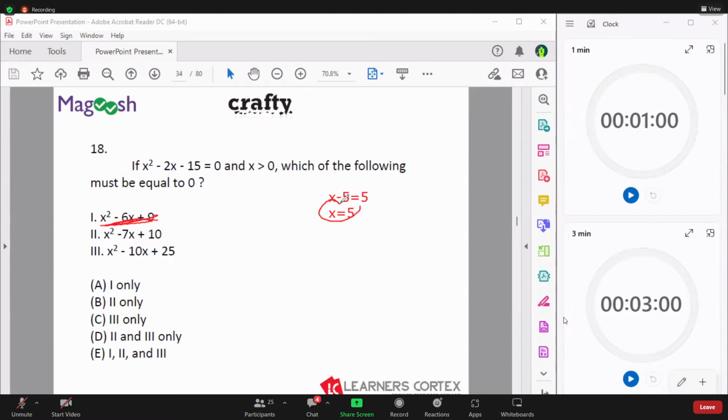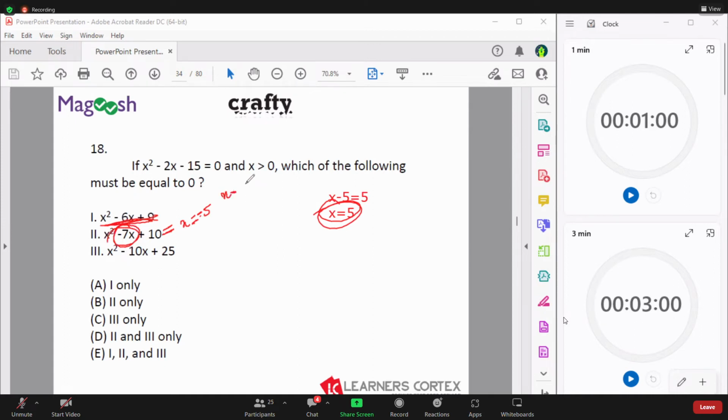Since here it is x equals 5, the possibility is that x can be minus 5 here, and the other one can be minus 2, right? So that is also a possibility here, that both of the roots are negative. But for that to happen, this would have been positive, but this is not positive, this is negative.